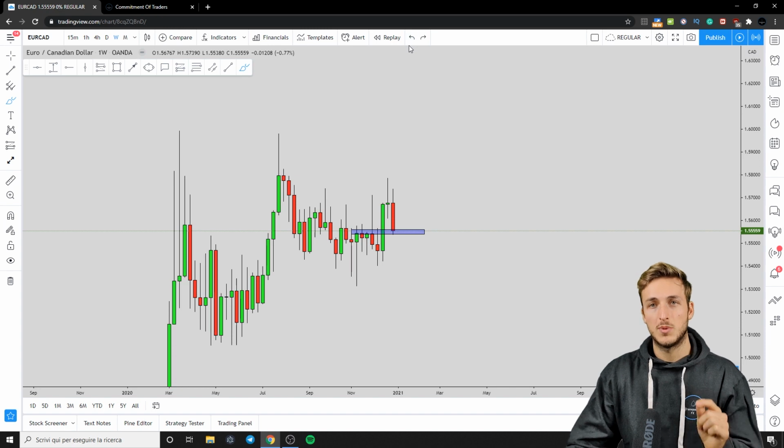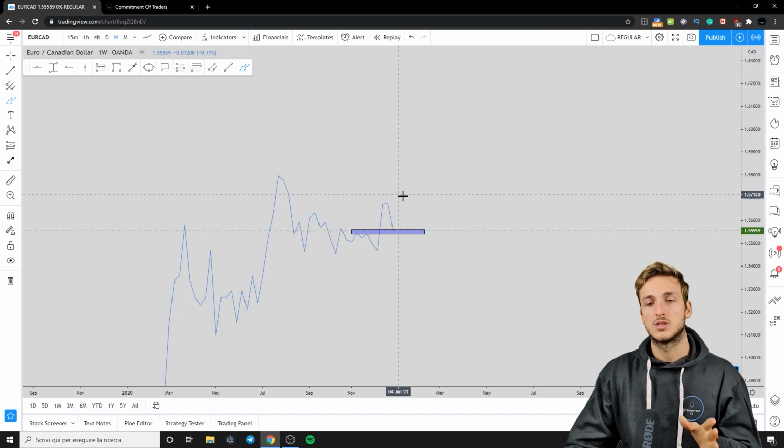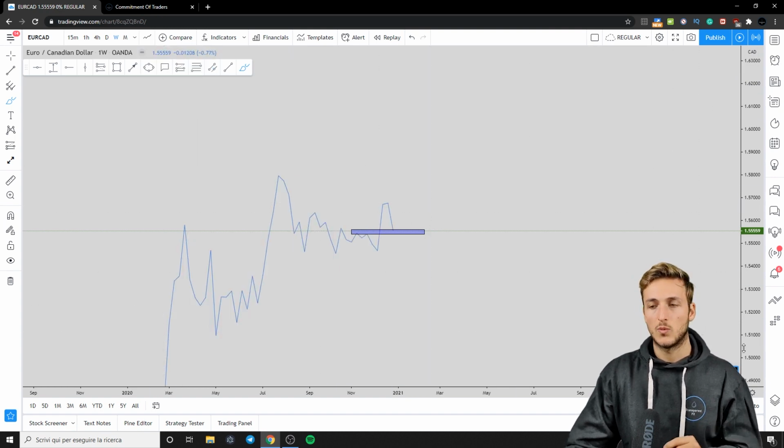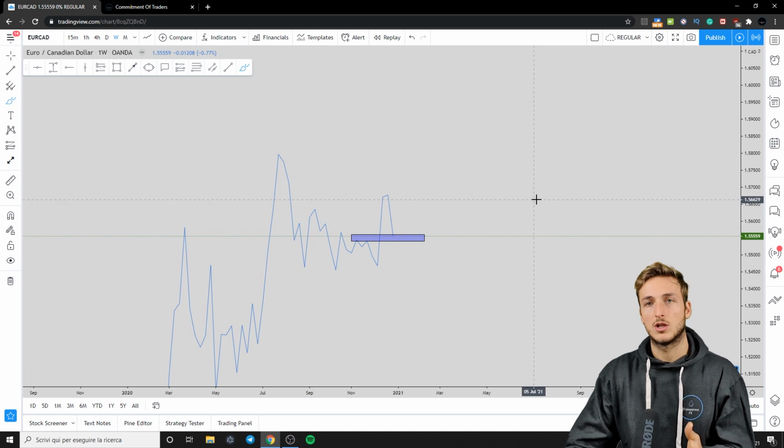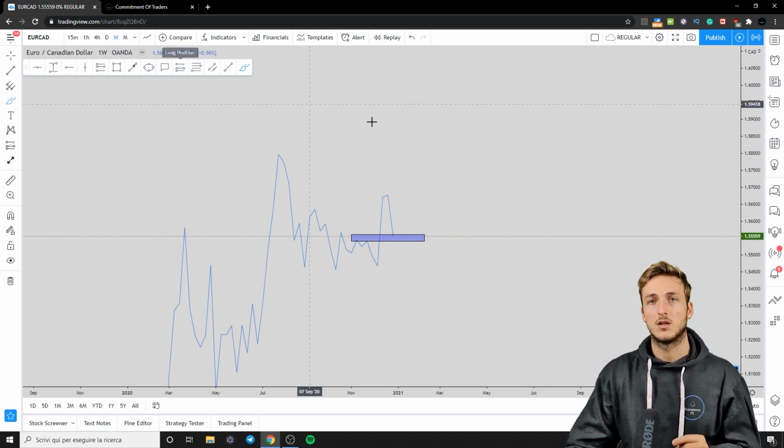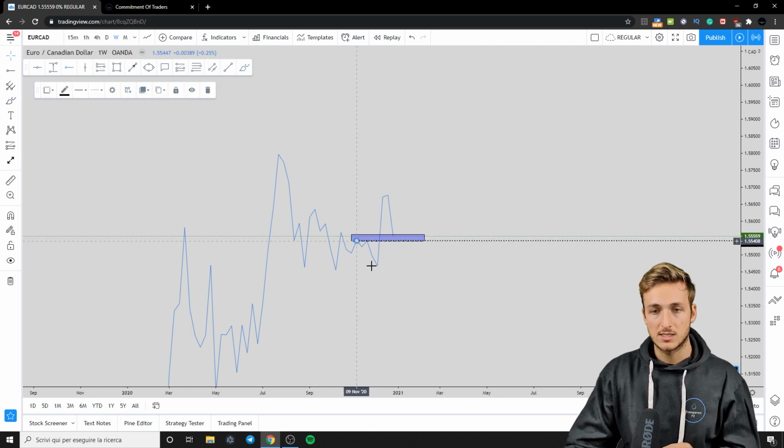And if we want to pinpoint this support or see it in a more clear way, what we can do is use the line chart. Now, when you use a line chart, you will see the closes in the market. Specifically, the monthly and weekly closes are very important structure areas in the market. And what we can see is that we have two weekly closes exactly here, 1 and 2.